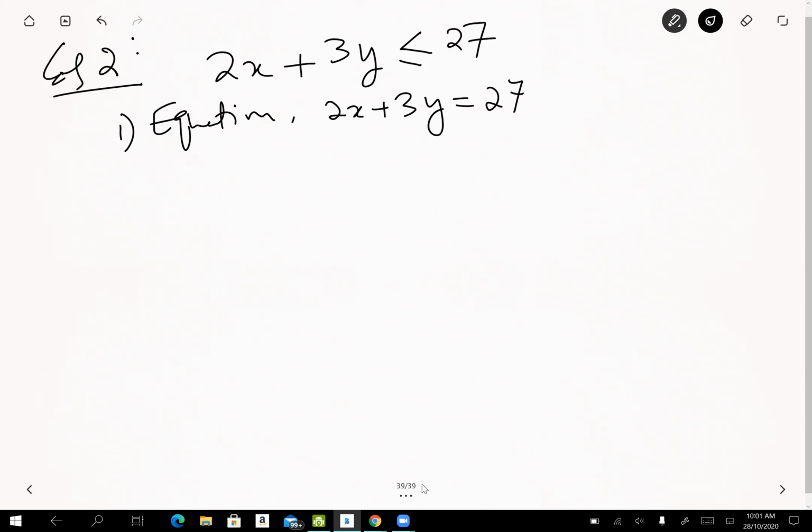X-intercept means y equals 0. So what is x? 27 over 2, which is 13.5. Is that right? So that point is 13.5, 0.